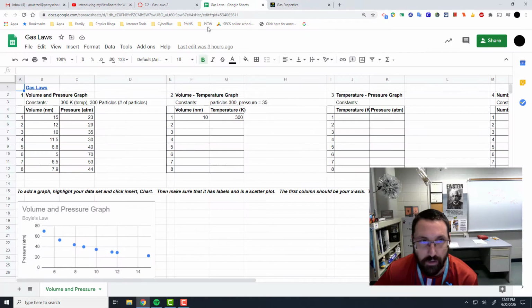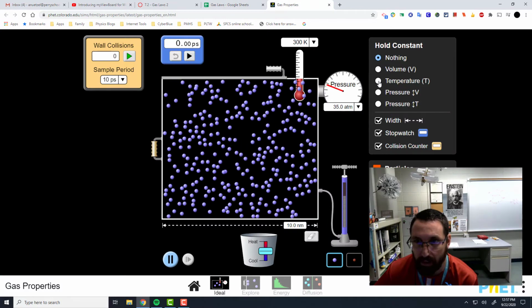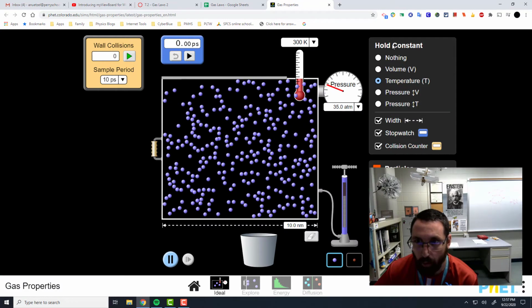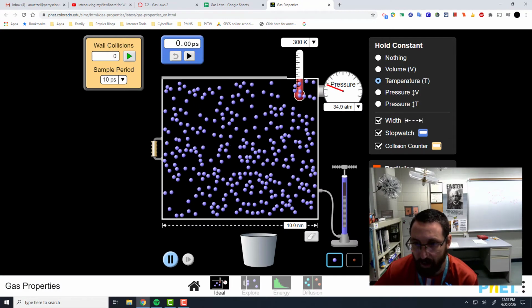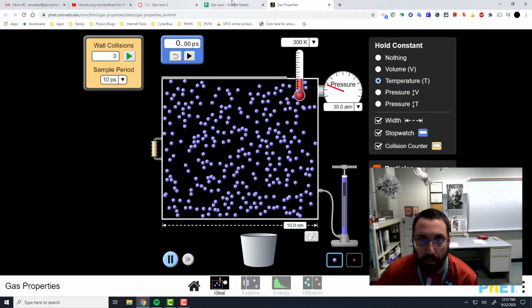So the first test was volume and pressure. I had to keep the temperature constant and the number of particles constant. To do the first one, I clicked on temperature, and that holds this constant, and I don't put any more particles in. Now what I did is I went through and I measured.